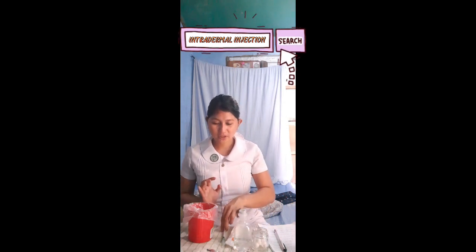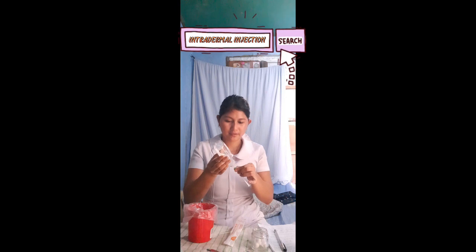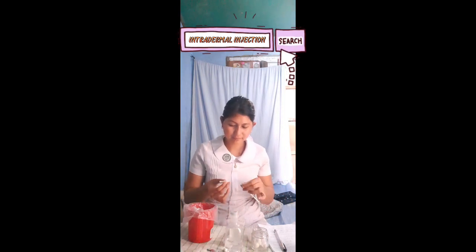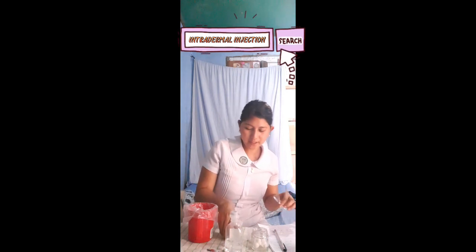And now inject to the vial. And discard the aspirating needle and go back to the normal tuberculin syringe.